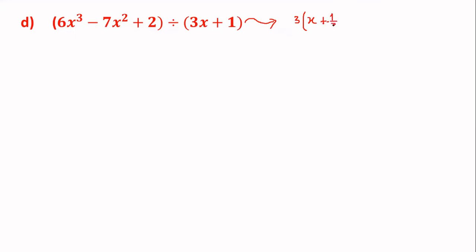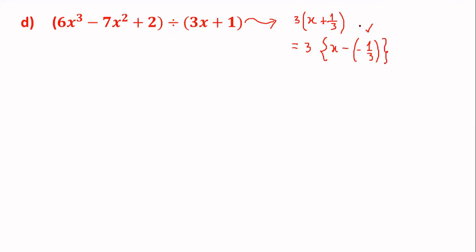As we know, this is not yet in standard form because there is a plus sign. To change this plus into minus, we write a minus outside and a minus inside with 1 by 3. So in this way, we can convert our divisor cx plus d form into the form x minus a. So from here we get the value of a as minus 1 by 3.